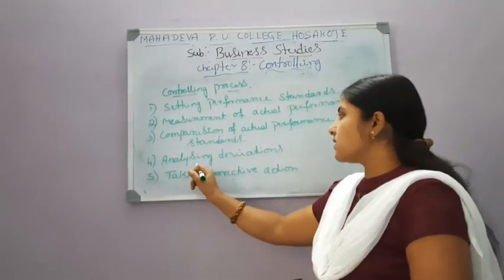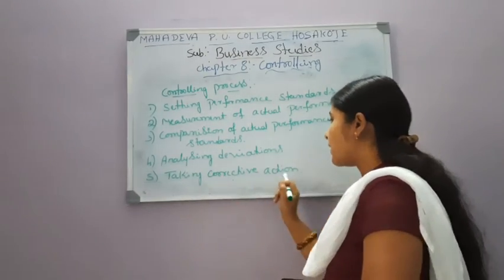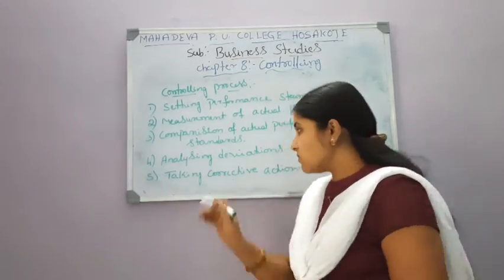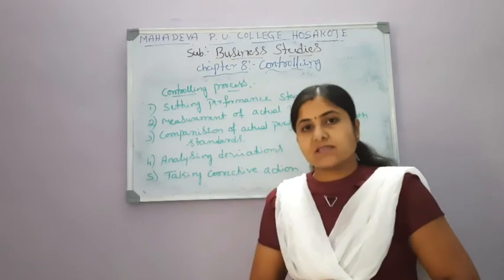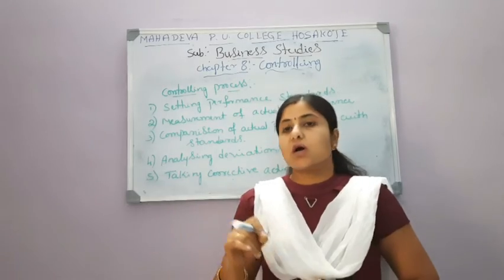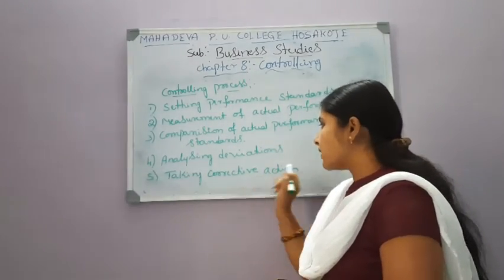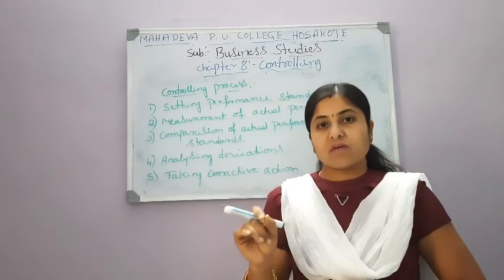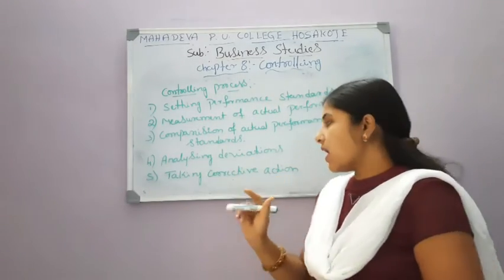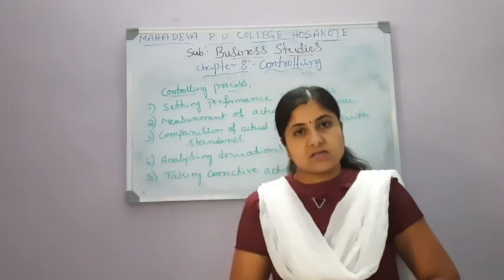The next one is taking corrective action. On the basis of the deviations, we take certain measures to improve and make changes so that the activity is corrected as per the standard set.